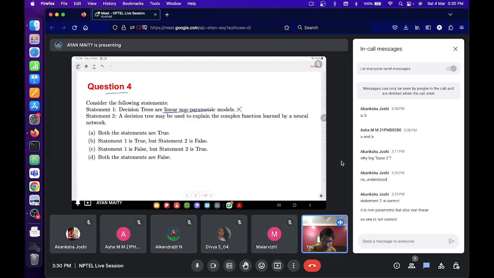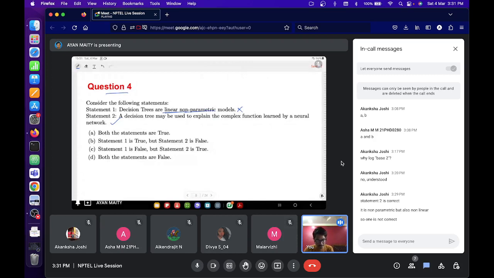In statement 2, a decision tree may be used to explain the complex function learned by a neural network. This is true. A decision tree can actually be used to interpret the output of a neural network. Decision trees have very high interpretability, which neural networks and even logistic regressions lack. It can be used to interpret how the neural network is giving some output.